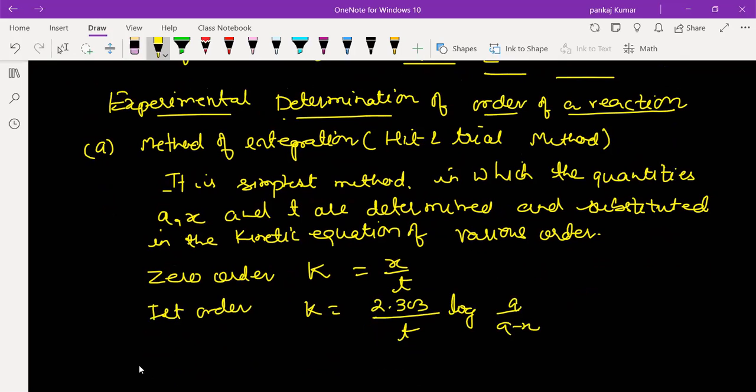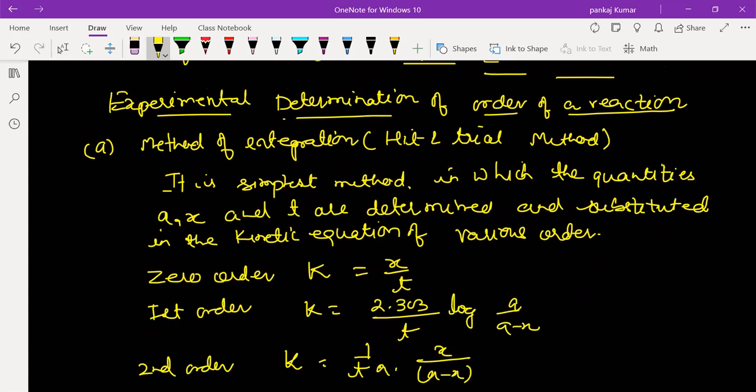Remember, for the second order, k will be equal to 1 by t, into x divided by a into a minus x.